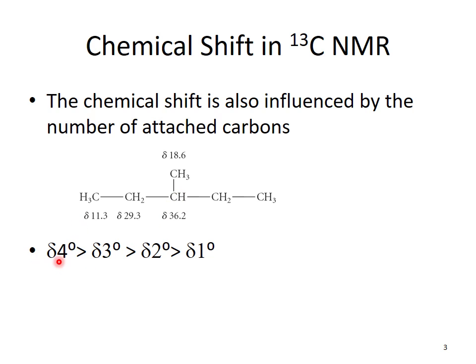You can recognize a quaternary also because the peak is really small compared to the others, because, for something I'm not going to go into, the abundance of finding C13 in a quaternary carbon is kind of low, and so we tend to have really small peaks for quaternary carbons, but they also tend to be on the downfield range of the alkyl group. Then tertiary, then secondary, and then primary are always going to be farthest upfield.